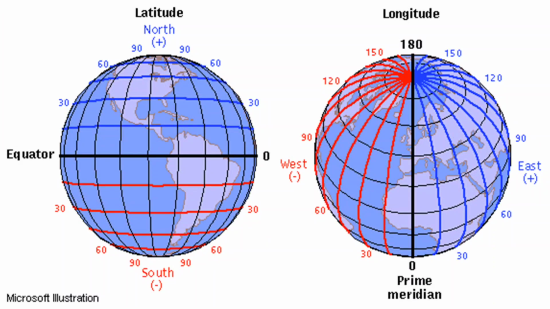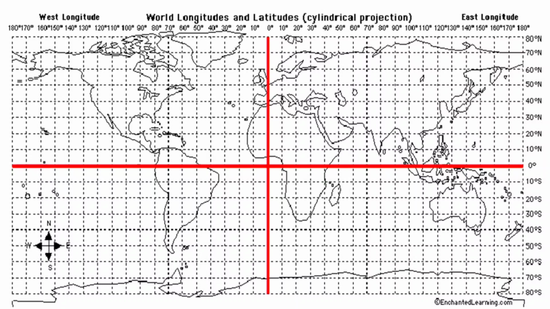Following are figures showing the imaginary lines drawn on the surface of the Earth: the equator, the parallels of latitude, and the meridians of longitude. To locate exact places on the Earth, one must look at the intersecting lines of latitude and longitude. The combination of these lines forms a grid.